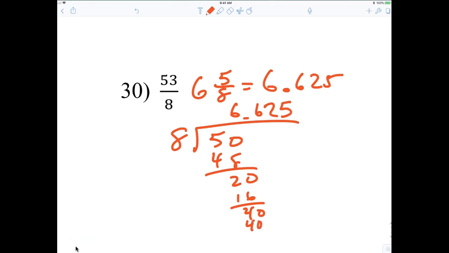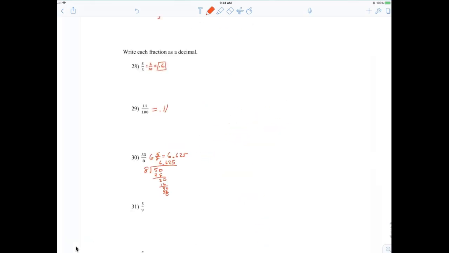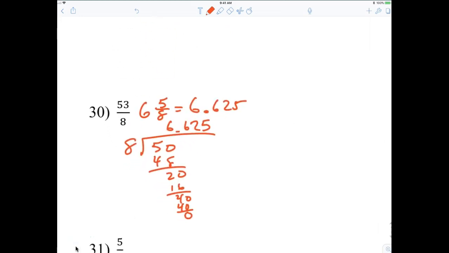Wait, Mr. Shaw, did you divide it by 50 or by 53? It's 5 point. Okay. Wait, but wouldn't it be like 53? Like, what do you divide?